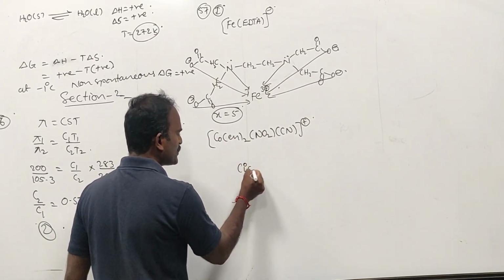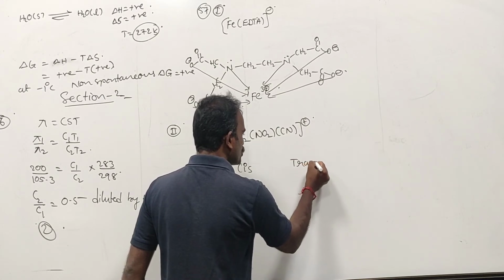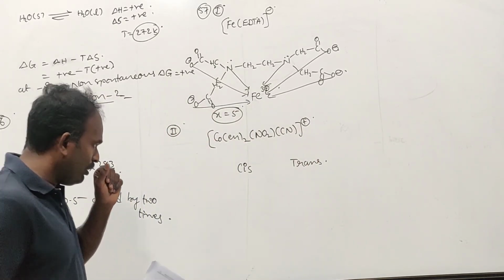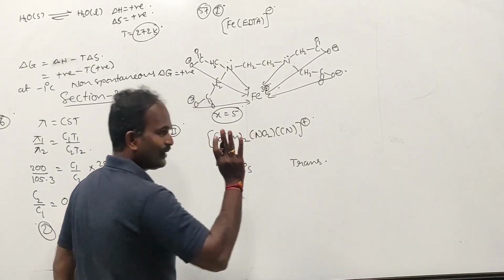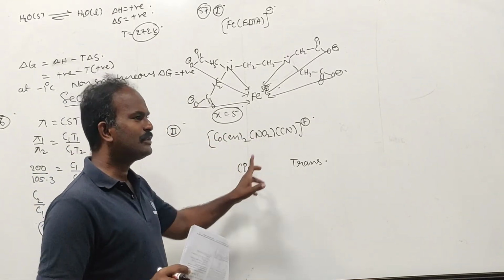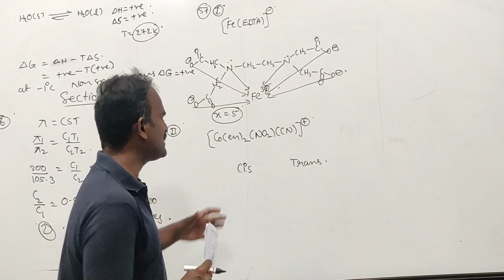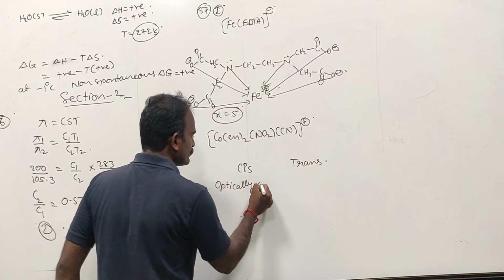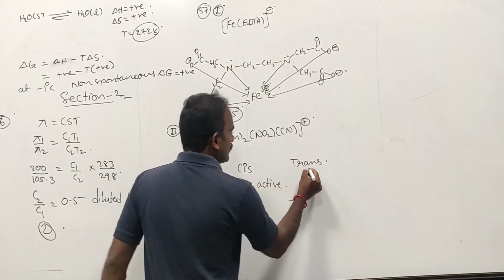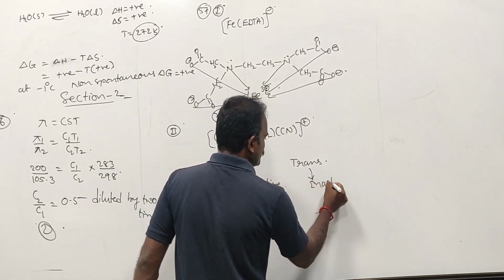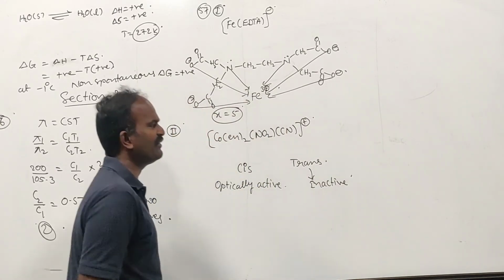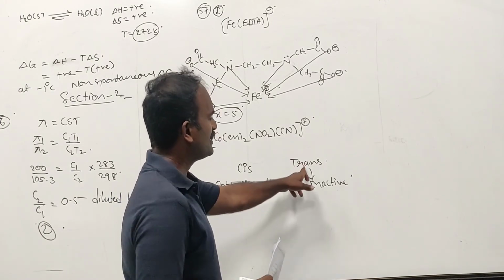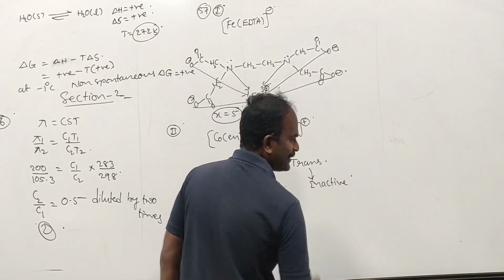Here 2 different types are going to be possible, cis and trans, surely. Again, linkage isomerism is possible. In that, cis is going to be optically active. Trans is optically inactive. A similar question is given in the FST 6 also, you just check. This is optically inactive because the plane of symmetry will be there.